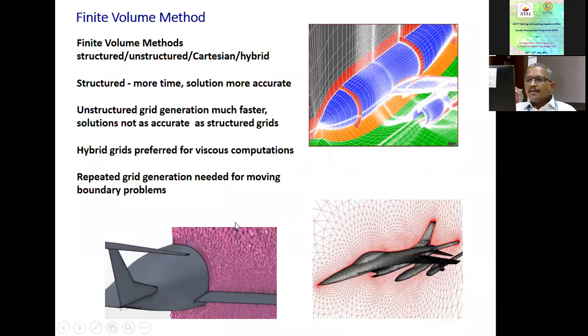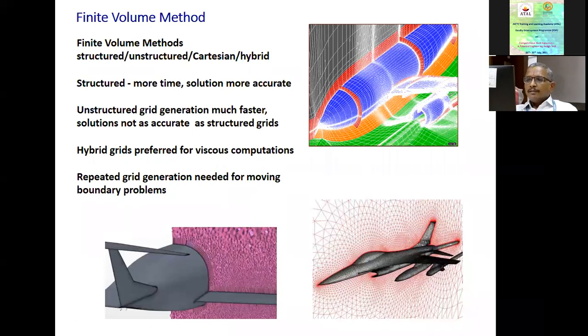Later people started having a combination of these two. That is, near the body you would have a layer of structured grids, and away from the body you would have unstructured grids, constructing a sort of hybrid grid. These are all good. Even now, these approaches, especially the hybrid type of grids, are still in practice, and are very popular in the CFD industry for industry problems.